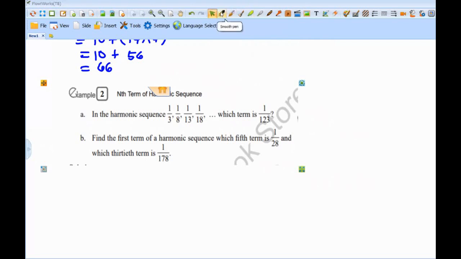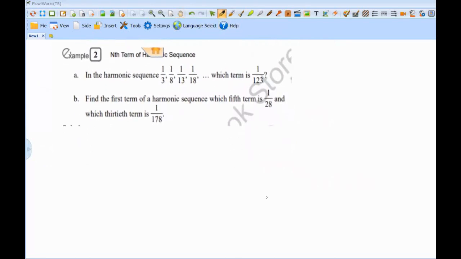So let's try which term that is. Letter A, looking for the n, right? So we have 3, 8, 13, 18, and 123. So what's the common difference that they use here? 5, 5, 5. So the common difference is 5.